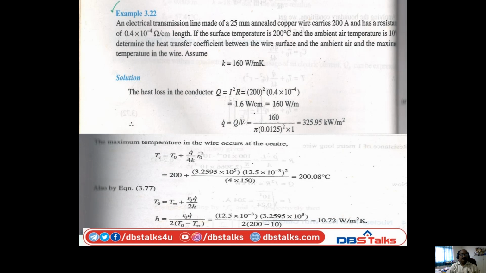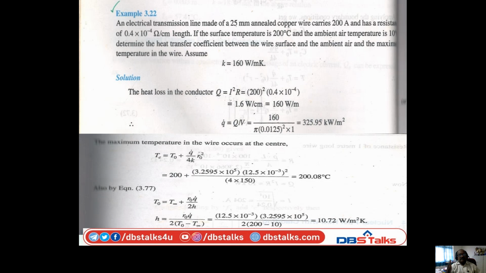So these are simple and standard problems. If you are good at these problems, definitely you can solve other problems of similar nature also. With this, in conduction we discussed all the basic concepts and how to calculate heat transfer for simple cases: plain wall, cylinder and sphere, and composite wall, composite spheres, composite cylinders.